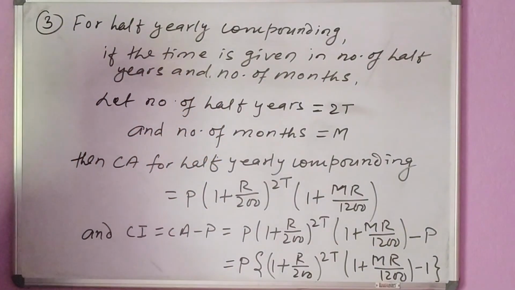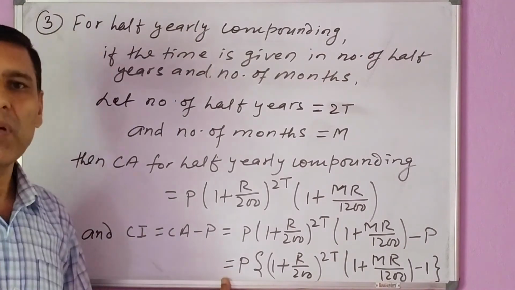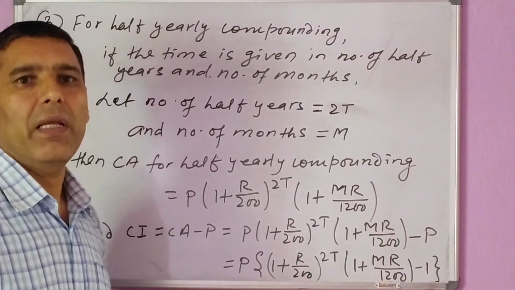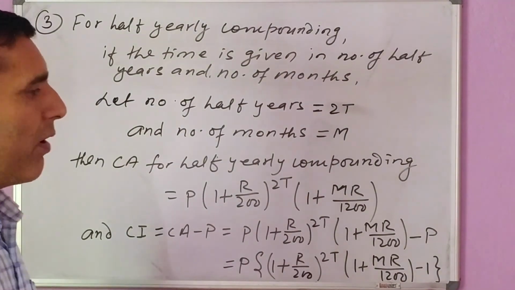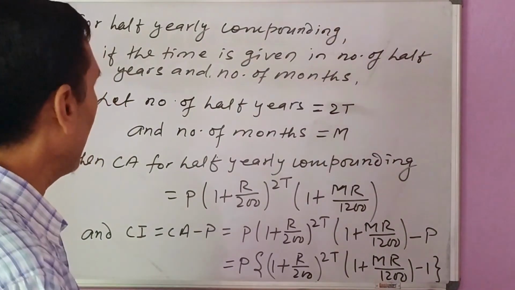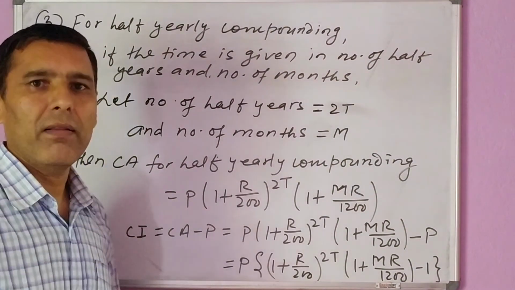So by this formula we can find compound interest as well, for half yearly compounding, if the time is given in the form of number of half years and some extra number of months.